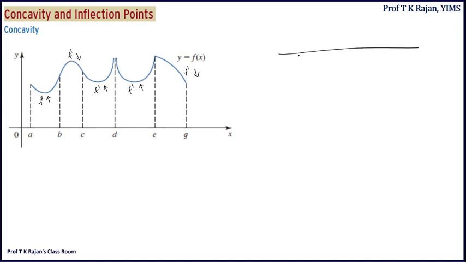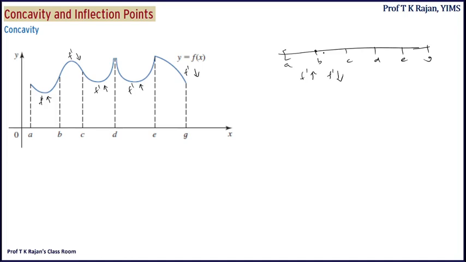So the whole domain I is divided into a finite number of subintervals AB, BC, CD, DE, EG, like that. On AB, f dash is increasing. On BC, f dash is decreasing.